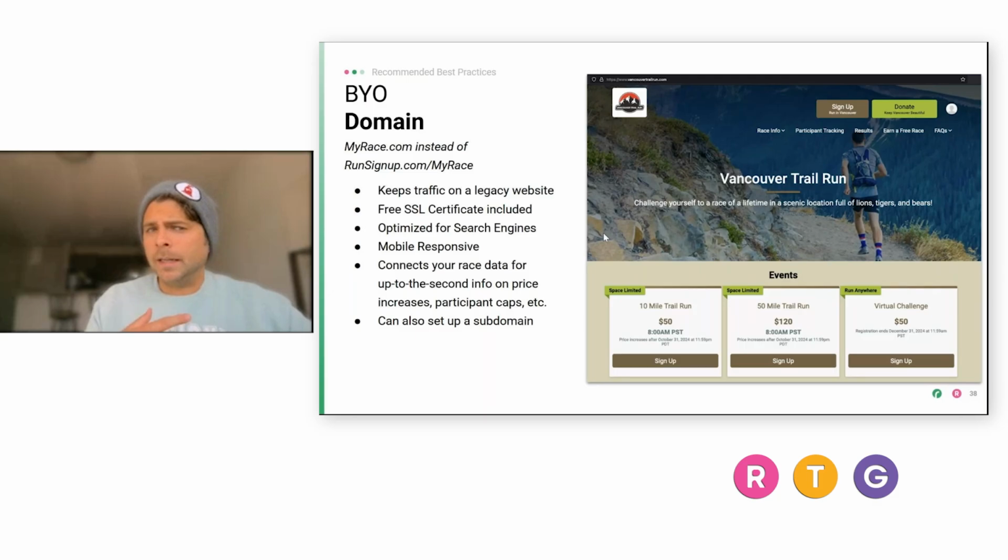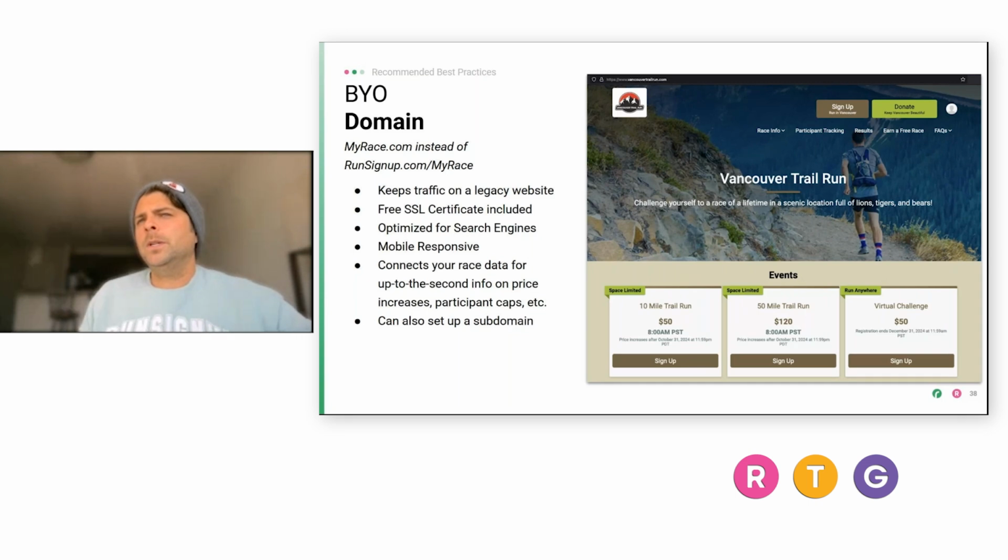So being able to say myrace.com instead of runsignup.com/state/myrace is nice, if people have an easier time remembering that kind of URL. It also keeps traffic from a legacy website going.